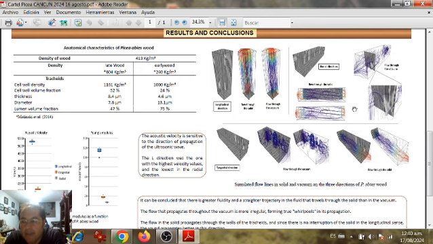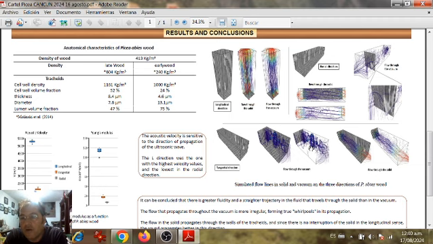This means that it is more complex for fluids to pass through the wood. This is consistent with the measurement obtained by acoustic velocity. We also find that the radial direction has the most complex path for the fluid to pass through, as we can observe here.